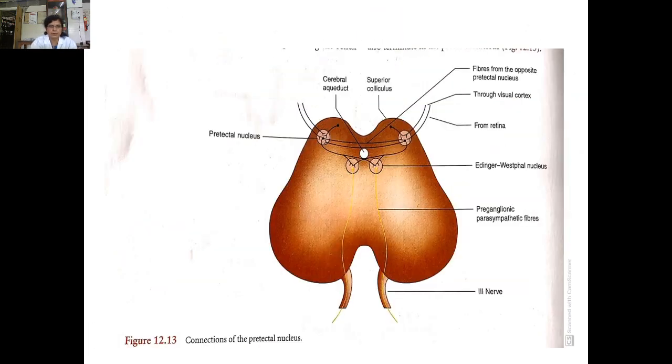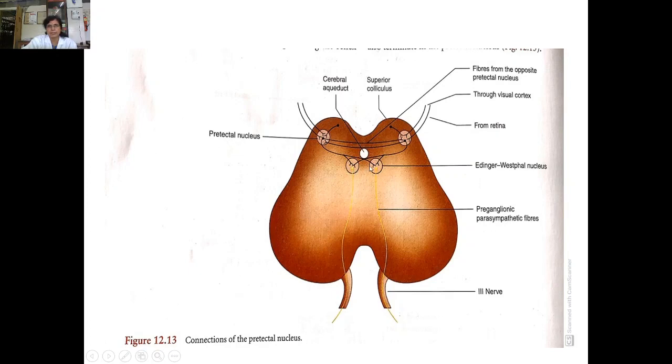So we will see about the connections of pretectal nucleus. Now this pretectal nucleus is present on the superolateral aspect of that superior colliculus. It receives afferents from the retina, and it also receives some fibers from the visual cortex, then from the superior colliculus of the opposite side. The main afferents are from the retina through the optic tract, and efferents of this pretectal nucleus go to the Edinger-Westphal nucleus of both sides.